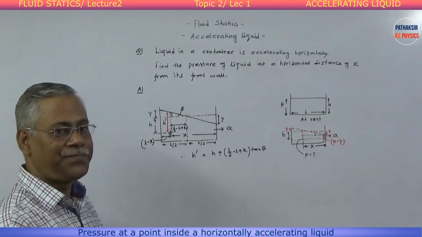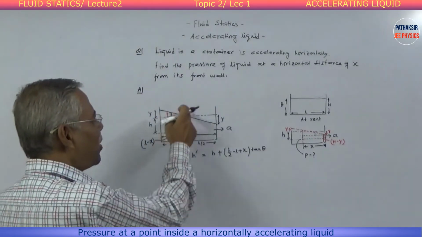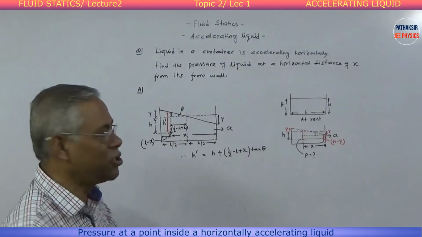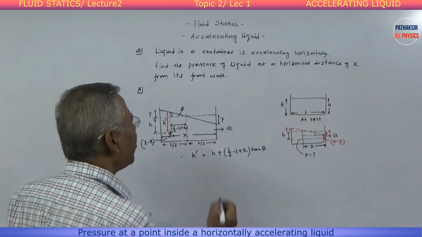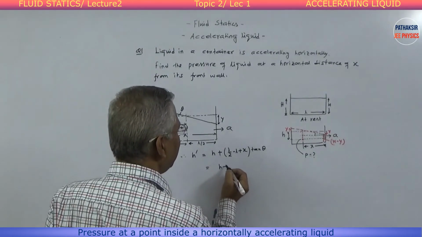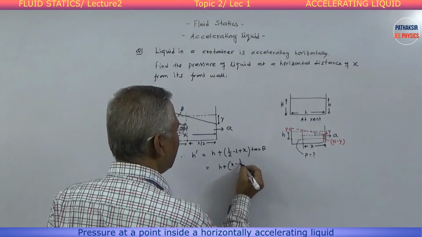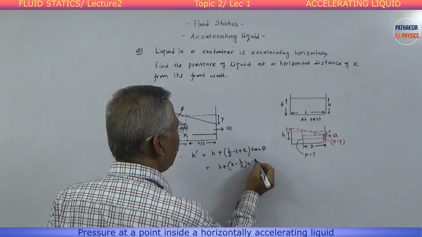Is it okay? Perpendicular by base equals tan theta. So perpendicular equals (L by 2 minus L plus x) into tan theta, equal to h, x minus L by 2.